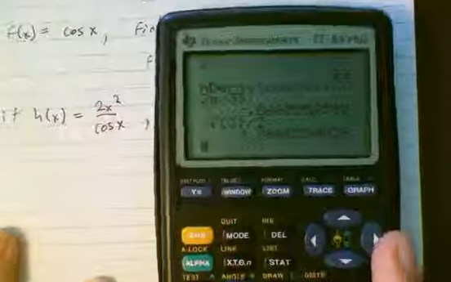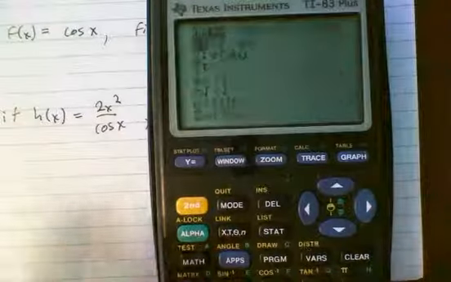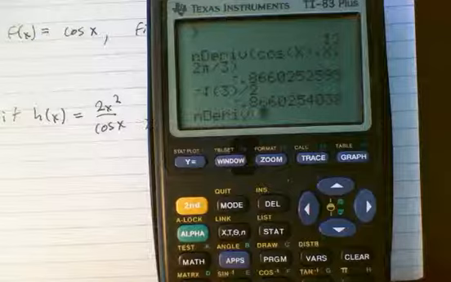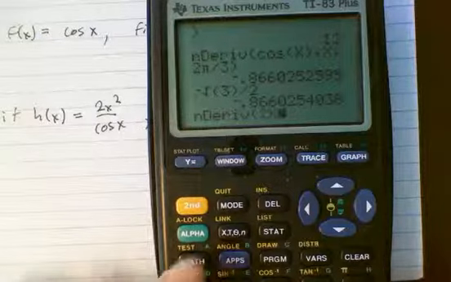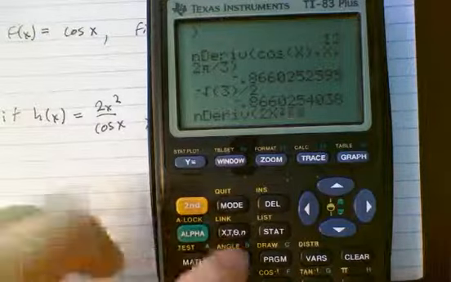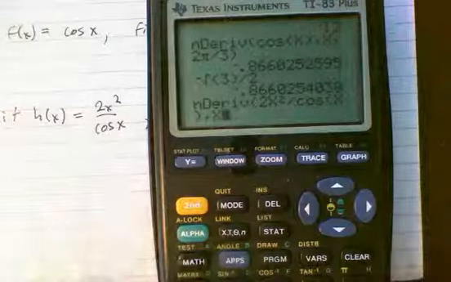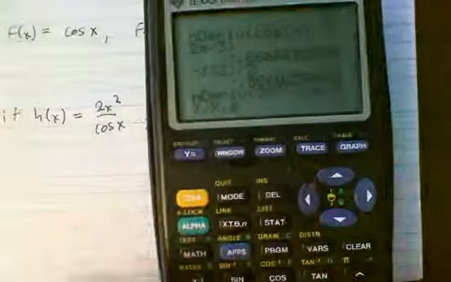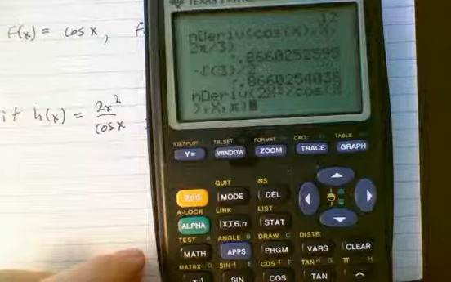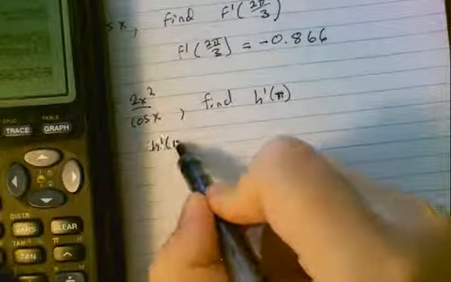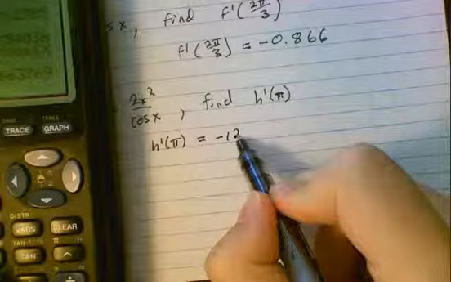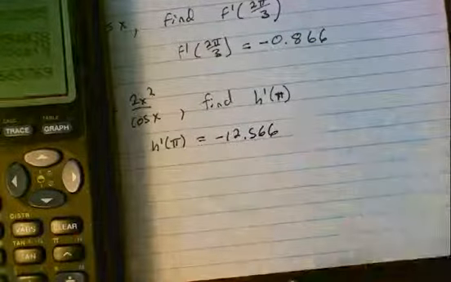Okay, so what I'm going to do is I'm going to go to Math 8. I'm going to put in 2x squared divided by cosine of x. My variable is x, and I want to evaluate it when x equals pi. When I put that in, I get that h prime of pi is negative 12.566.